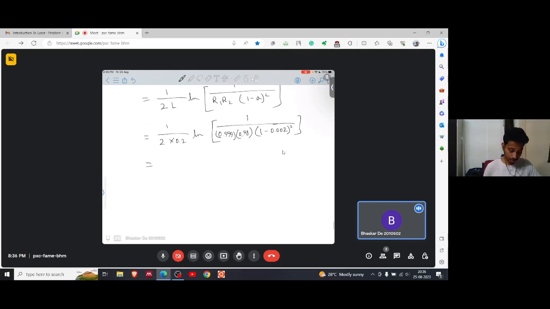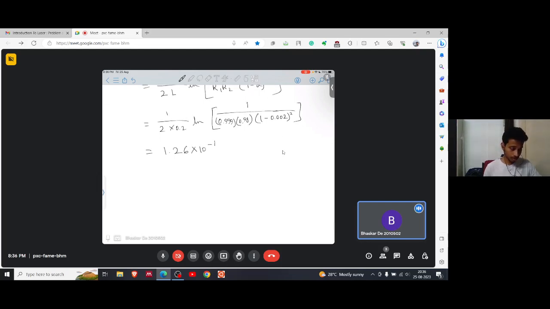After simplifying this, it will be 1.26 into 10 to the minus 1. So this is the threshold gain.